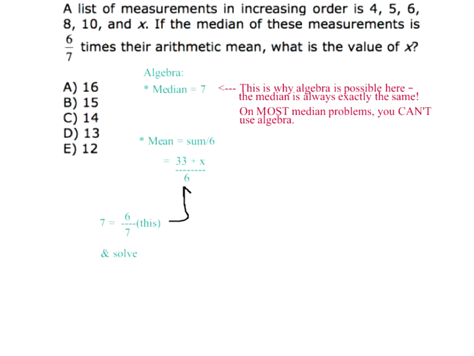How can we get the mean? The mean is totally unchanged by that. The mean of these 6 numbers will always be this. If it's the median, you would just have to break it into cases. Let's talk about that really quick.